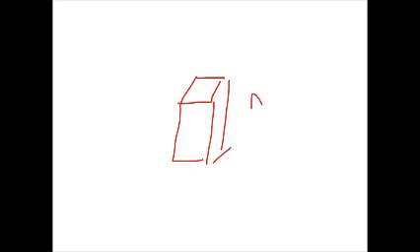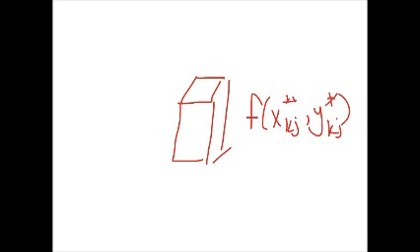And obviously we have our function f of x_kj star, y_kj star, and that goes top to bottom. And then we have delta y_j and delta x_k.